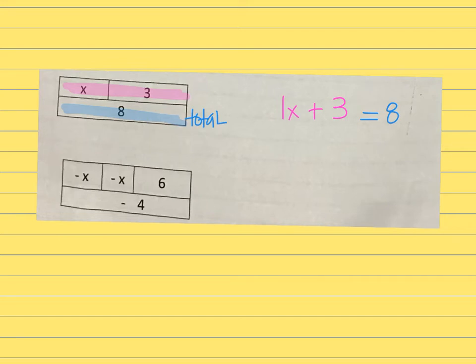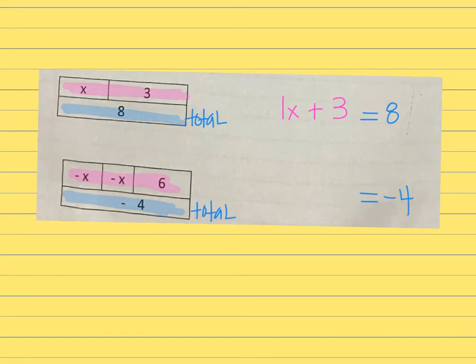The second one underneath, the top row, again, would be like the left side of the equation. The bottom row would be the total, or the right side of the equation. So I'm going to label this bottom one as the total again and put it at the end. Then when you look at the top row, this time they had negative x and negative x.